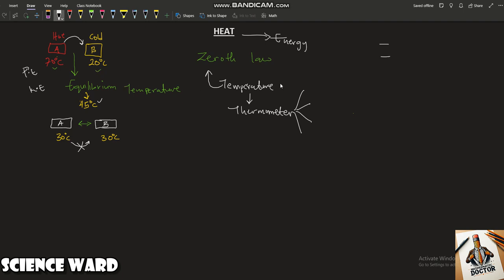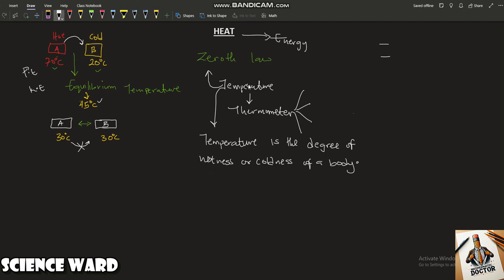So I can break this down into a simpler definition by saying that temperature is the degree of hotness or coldness of a body.